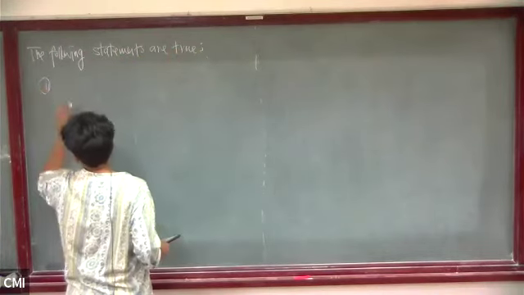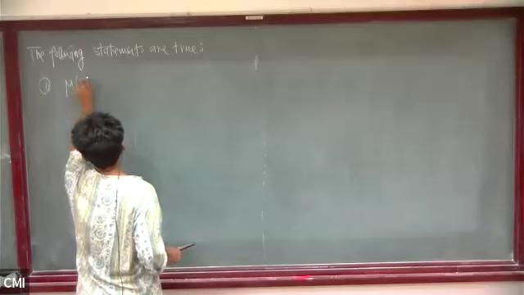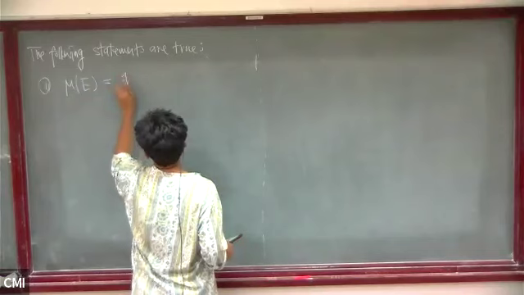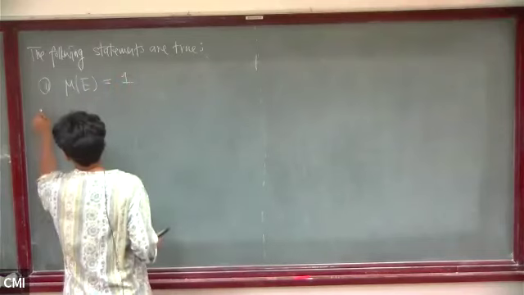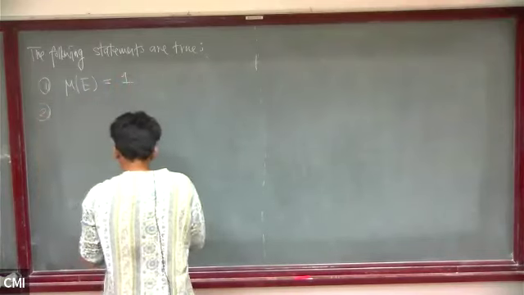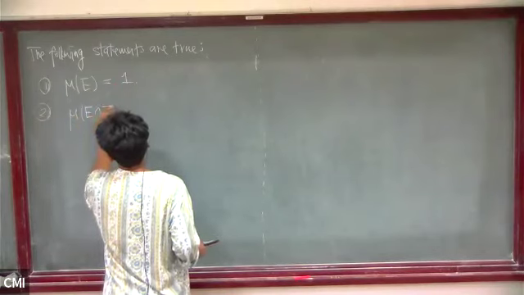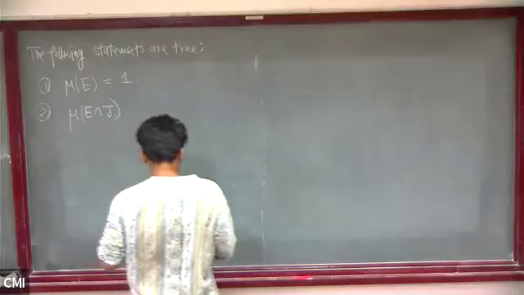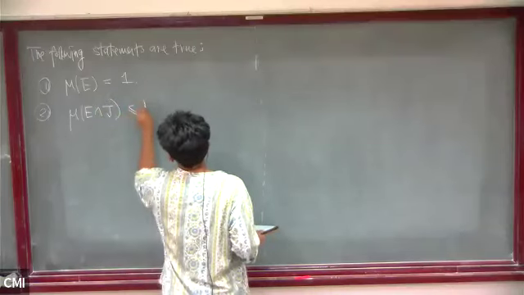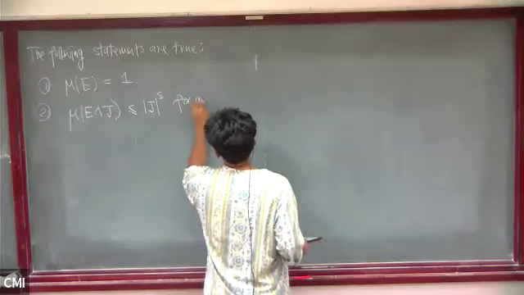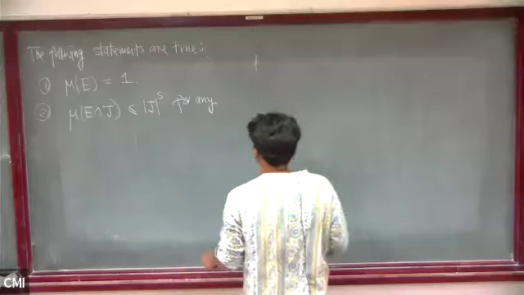The first one is that mu of E is equal to 1. The second is that mu of E intersection J is bounded above by the size of J to the power S, for any interval J.